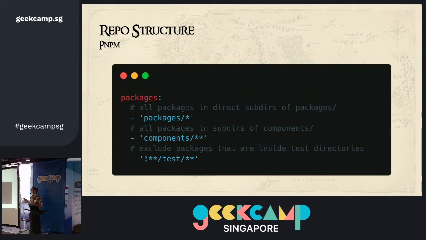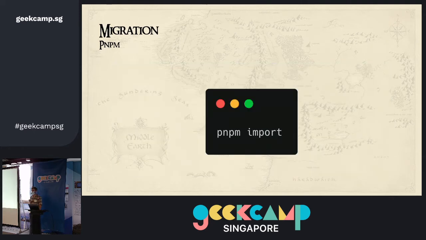If you have your components in a components folder and your other packages in packages, you can do so, but it's just configuration. You can change it as you want. If you already have a monorepo, you can run the PNPM import command to migrate from NPM or Yarn to PNPM. It's just a one-liner and you're done.